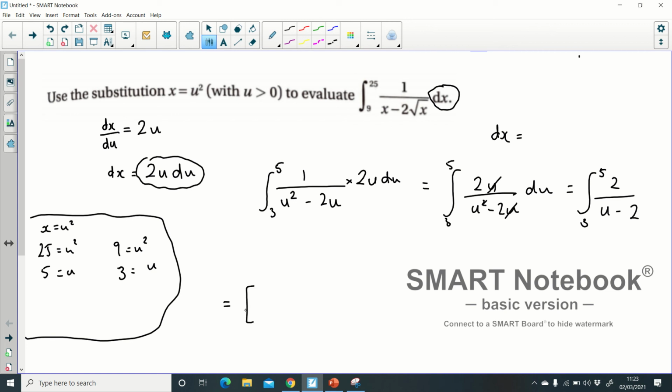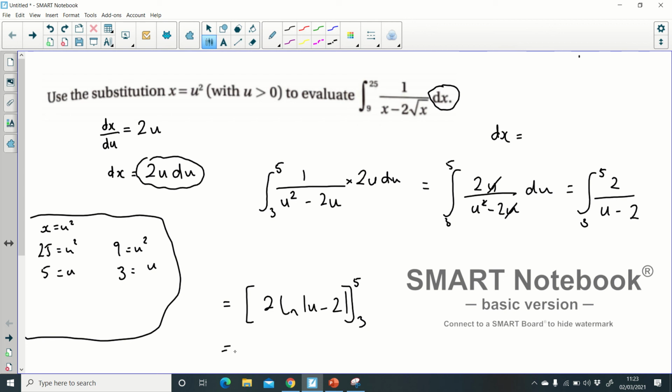So when I integrate this, let's not forget we'll have limits in a moment, the limits of 5 and 3, which I'll sub in a moment. But 2 over u minus 2 is 2 ln of u minus 2.